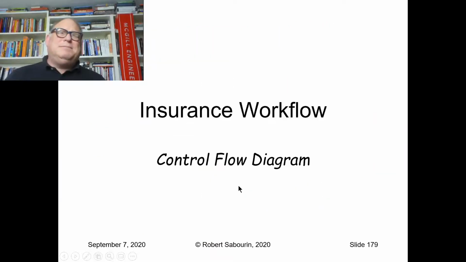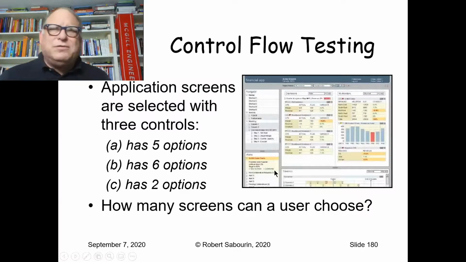Early on in the course, we looked at some philosophy. I shared an example from an insurance company, and this example was actually a control flow testing example, which was solved with the mechanism of drawing a control flow diagram. If you recall, there were 3 controls. Each control interacted with other controls to go to unique pages.